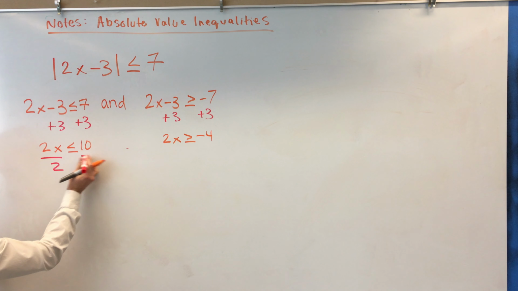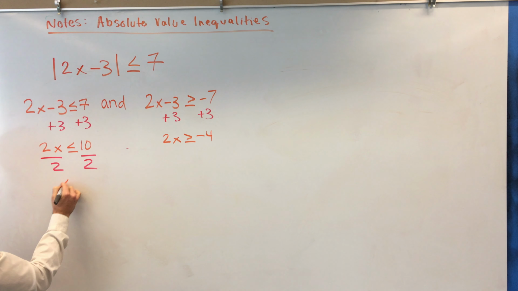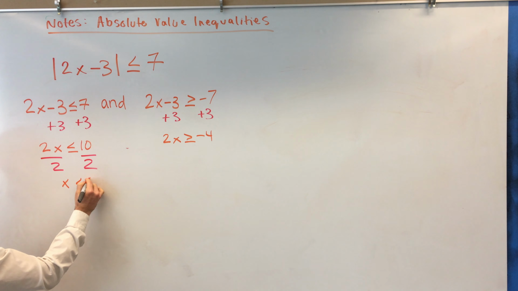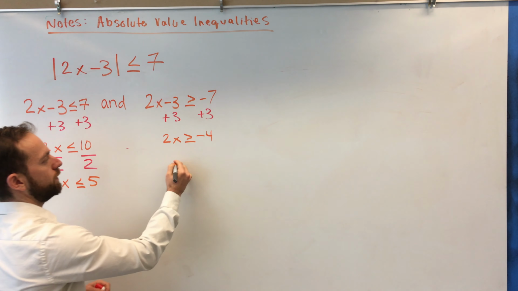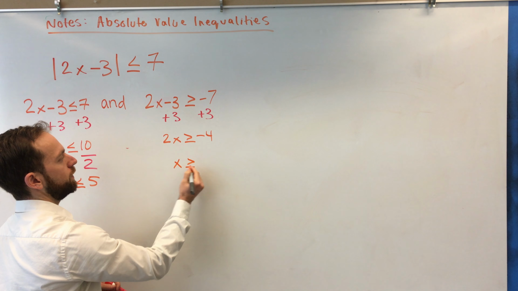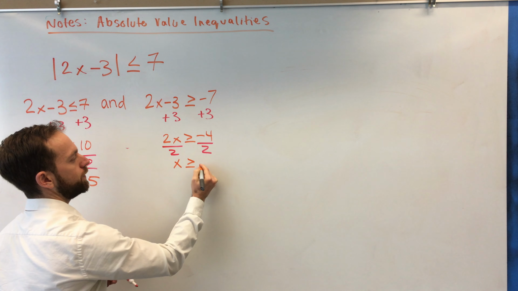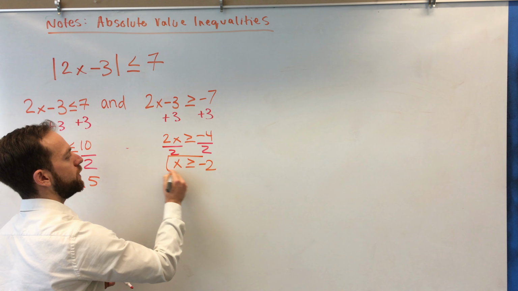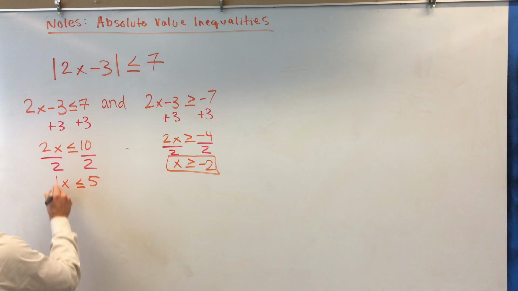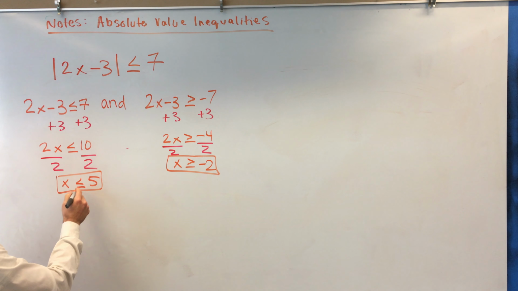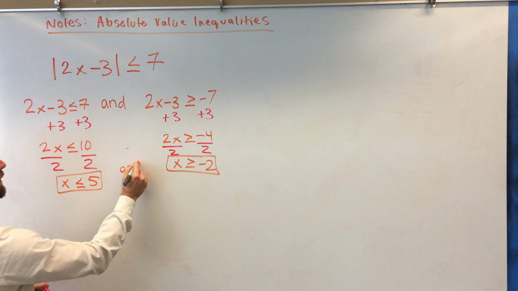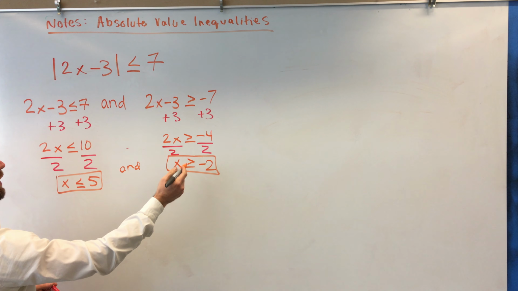Divide by 2 to get x by itself. And you have two things to graph. x is less than or equal to 5, and x is greater than or equal to negative 2.